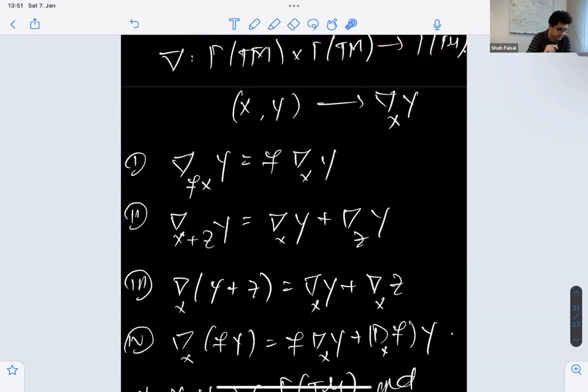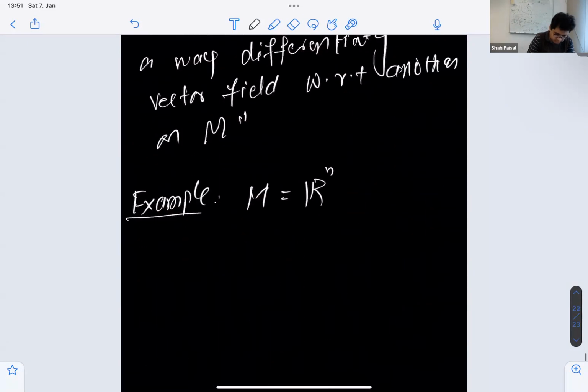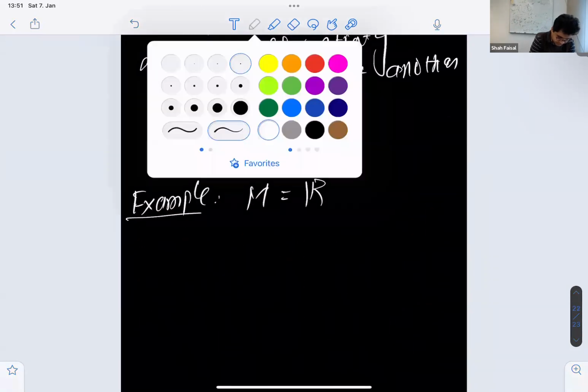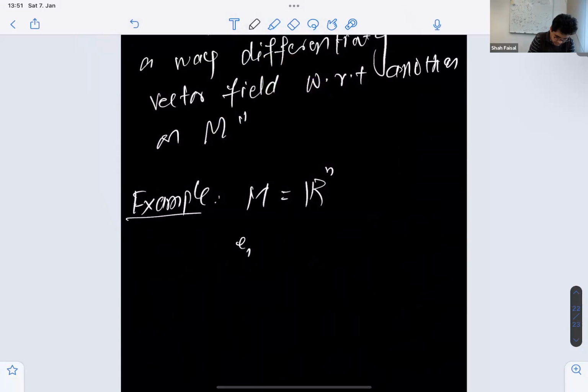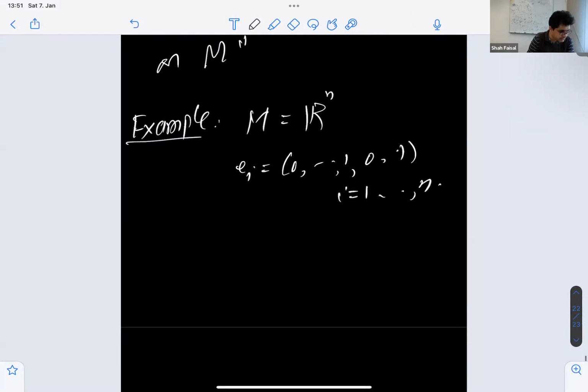So if you can define it on some basis, then you can define it for any vector field because it is linear. We know that the vectors e_i, for i from 1 to n, form a basis for Rn.